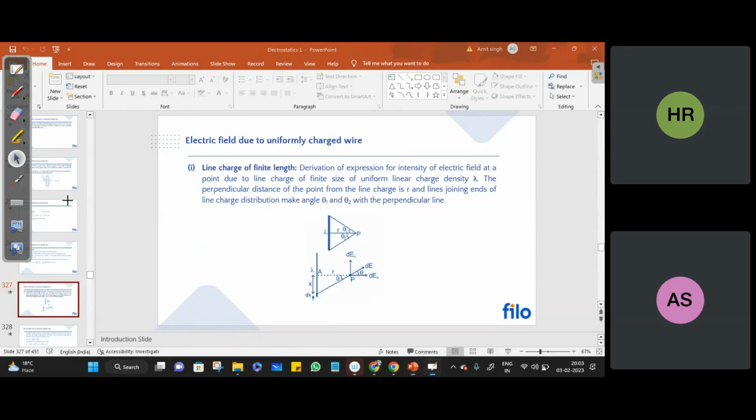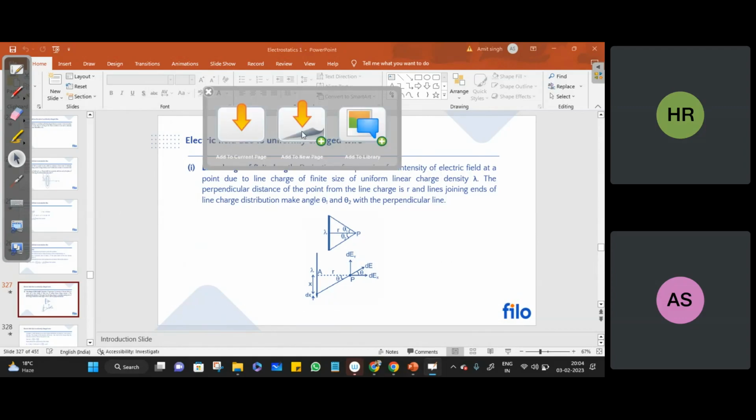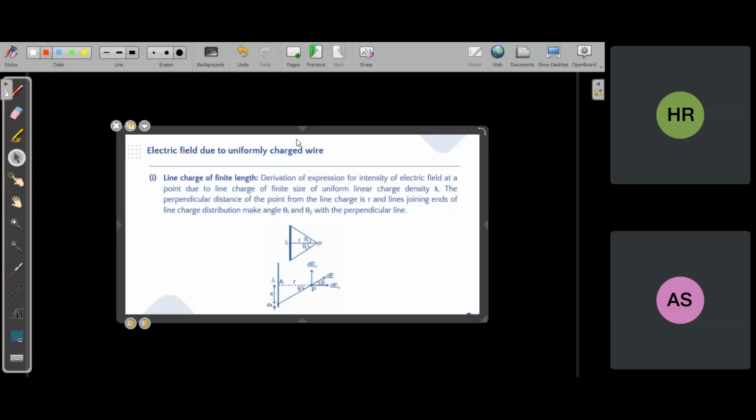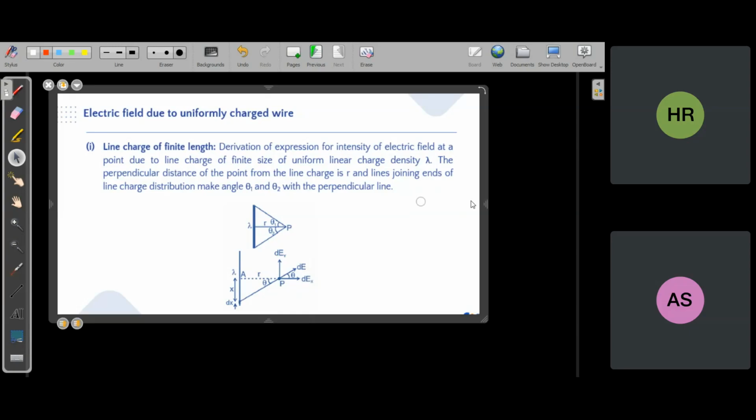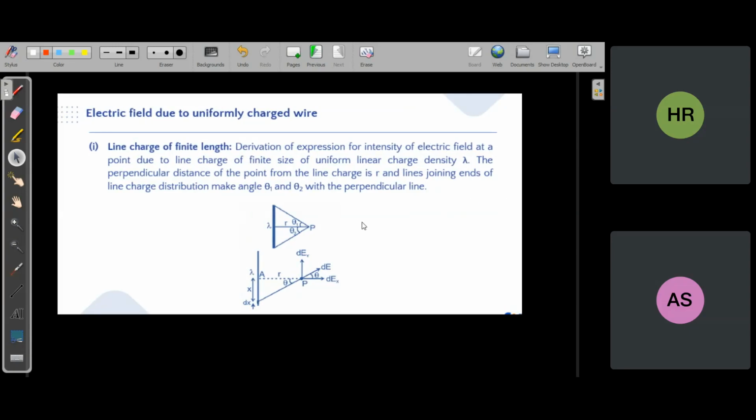So these different derivations are there. Electric field due to a uniform charged wire is there. So now there is a charged wire, a very long or maybe finite also. So here first case they have taken finite length wire. So it is a finite length wire, and at a point you have to find electric field. Again, same idea.